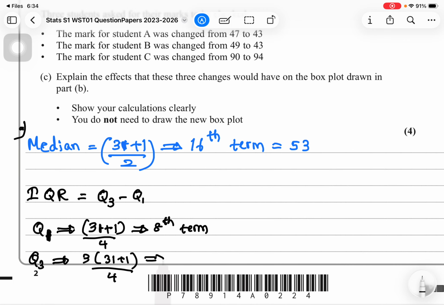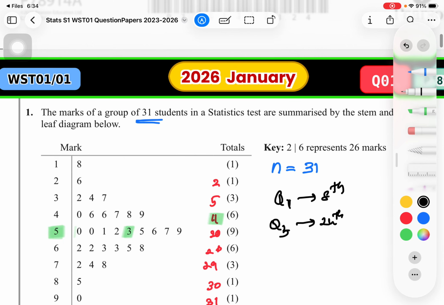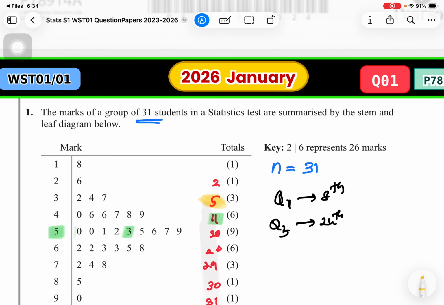So Q1 is going to be the 8th term, Q3 is going to be the 24th. I'll quickly write it here so that we don't go up and down. We want to find the 5th entry. The 5th entry is here, and then we need the 8th one: 5 is here, so 6, 7, 8.